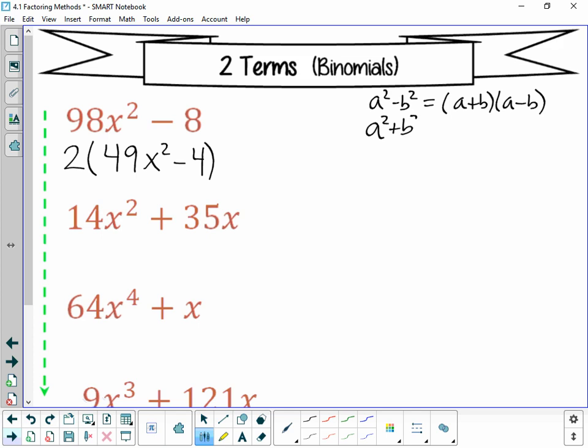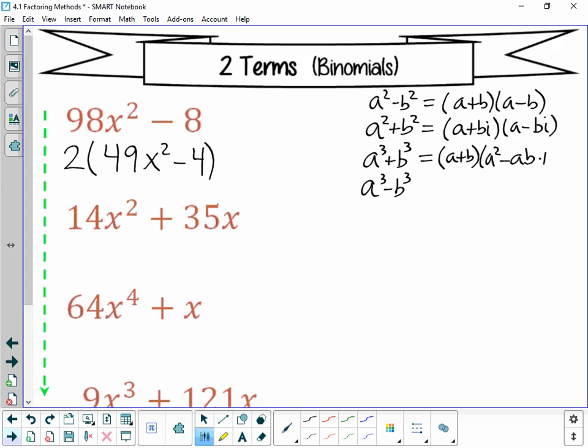Sum of squares, which factors as a plus bi and a minus bi. And we have a sum of cubes and difference of cubes. This would factor as a plus b, a squared minus ab plus b squared. This one factors as a minus b, a squared plus ab plus b squared.